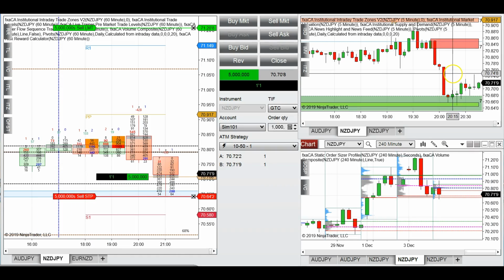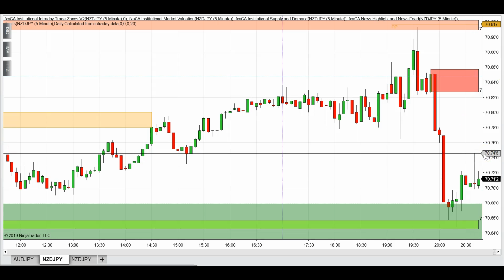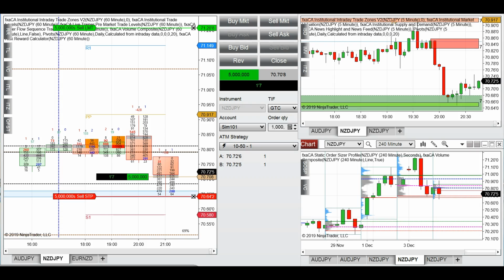So on the large account, still 5 million, and eventually I'm going to close some trades on the large account. So just monitoring the way the sellers are pushing down the market.